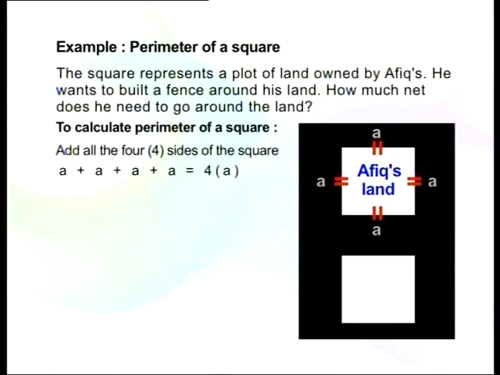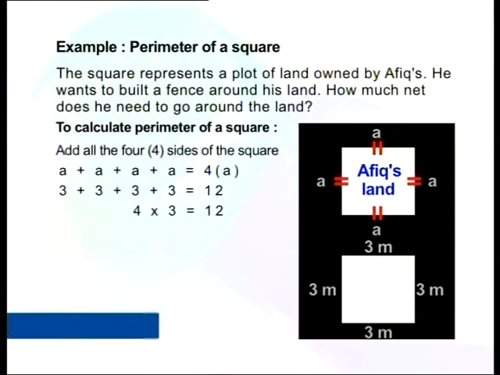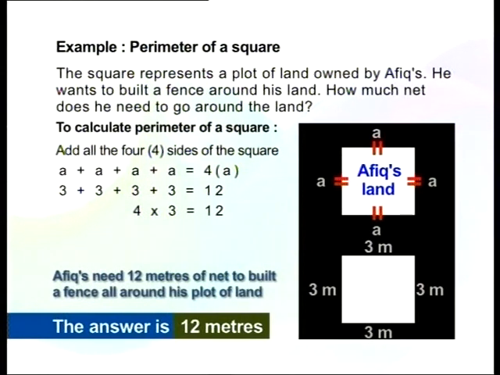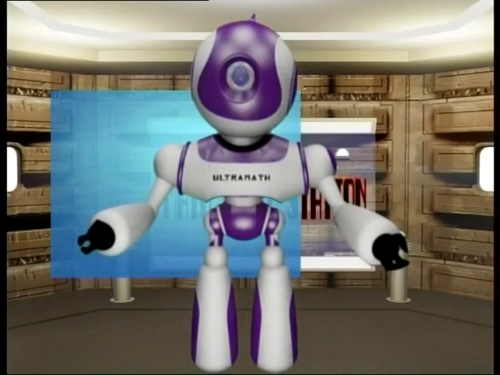This means 3 meters plus 3 meters plus 3 meters plus 3 meters equals 12 meters, or 4 multiplied by 3 equals 12. Now we know the perimeter of a fixed length. The answer is 12 meters. Afik needs 12 meters of net to fence all around his plot of land.